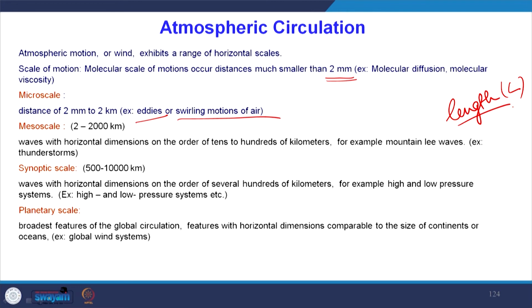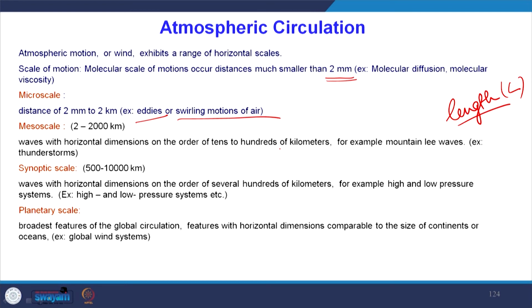Okay. Mesoscale is anything which spans from 2 kilometers to 2000 kilometers. It is a very large scale. So, for example, waves with horizontal dimensions of the order of tens to hundreds of kilometers. There are global atmospheric waves which exist over several hundreds of kilometers.